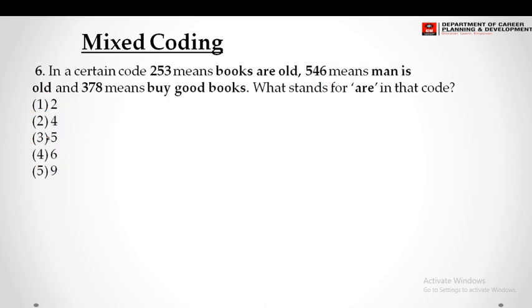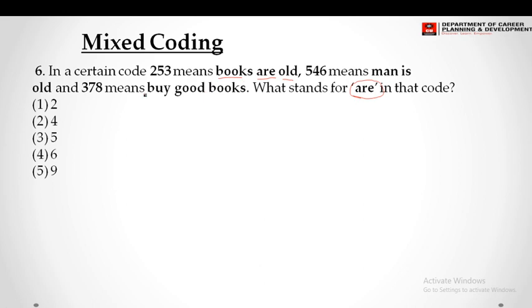So this fifth question's answer is the first one. Next one is the sixth question. This is also from mixed coding. What stands for R? So we have to find the code of R. Where R is given is in the first. So if we find the code of book and old, then we can easily find the code of R. First we find what is common in the first and second.